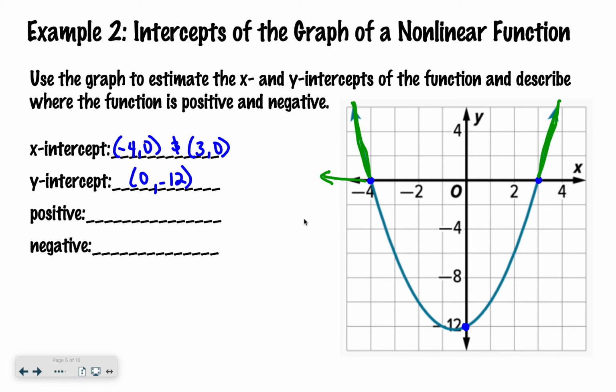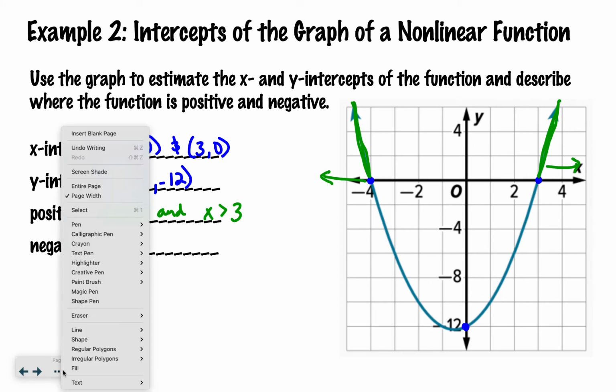Because we're going to the left. So we'd say x is less than -4. And if we look over here, these numbers are getting bigger, right? X is greater than 3. Okay, so both of those are true. It's positive at both of those parts.